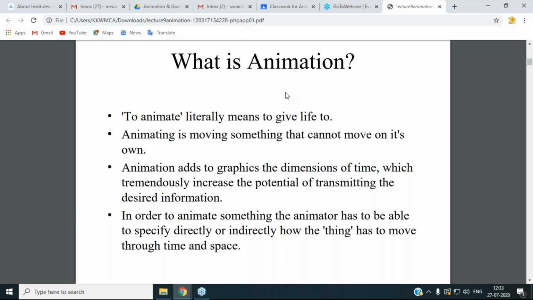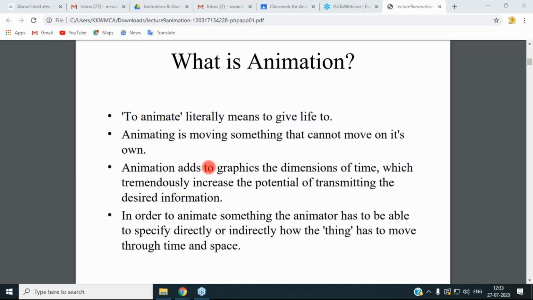Animation is moving something that cannot move on its own. Of course, something which cannot move on its own, we have to move it ourselves, and that is called animating.